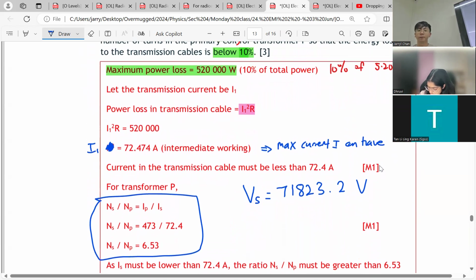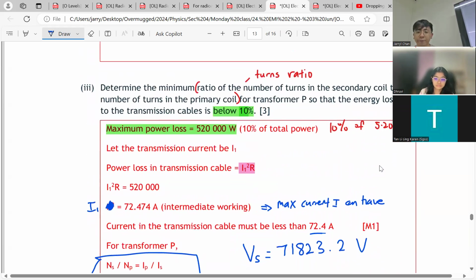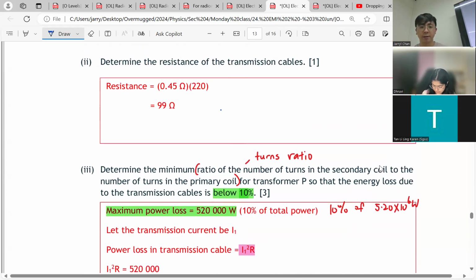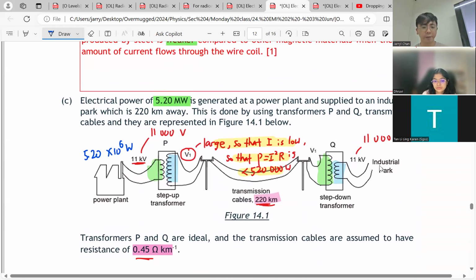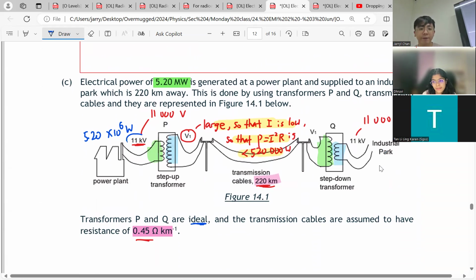If you follow along, 72.4 amperes is what I want. How can I derive this? I look to the question. Ideal. Where's the ideal? Here. If the transformers are ideal, the 5.2 times 10 to the power 6 is going to be the power at the secondary coil.